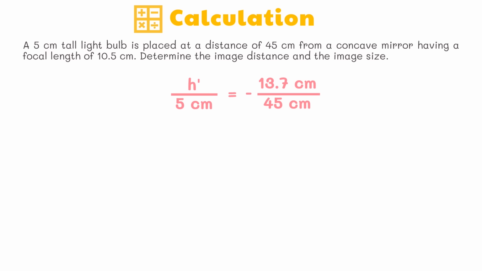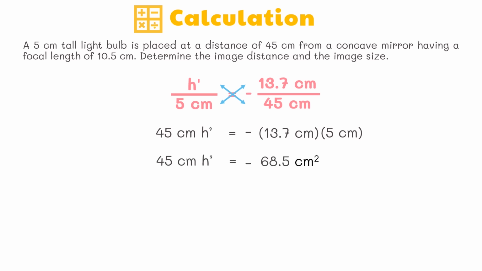Again, we cross-multiply both sides of the equation to make this equation into a whole number, not a fraction. We have the equation 45 centimeters times height of the image equals 13.7 centimeters times 5 centimeters, which is equal to 68.5 centimeters squared. We divide both sides by 45 centimeters to cancel out 45 centimeters on the left side of the equation, which leaves us only the height of the image.